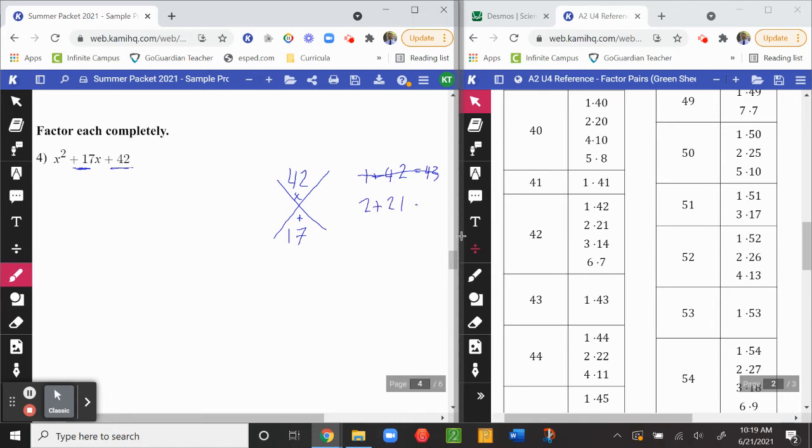Multiplication works, but addition gives me 23, not what I'm looking for. 3 and 14. Again, it multiplies to 42, but does it add up? Oh yeah, 3 plus 14 is 17, exactly what I wanted. So my magic numbers are positive 3 and positive 14.